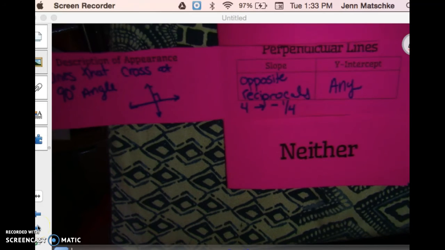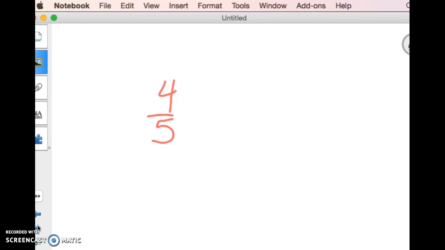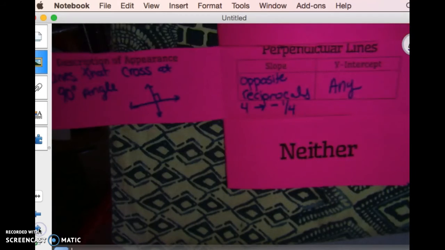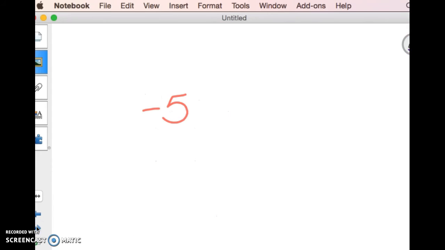So, thinking about this, can anybody give me what would be the opposite reciprocal of 4/5? Daniel. Negative 5/4. Perfect. What would be the opposite reciprocal of negative 5? Positive 1/5.